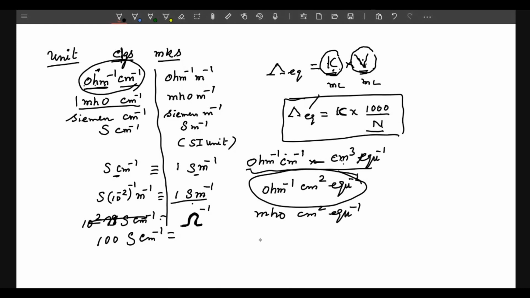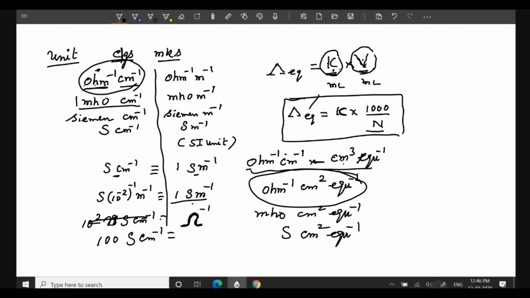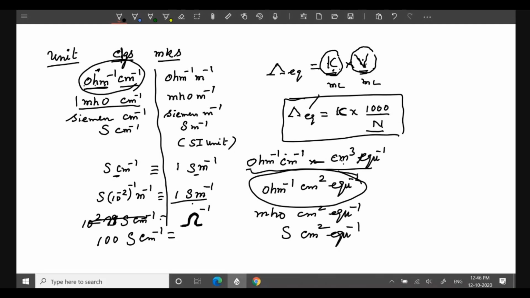Another possible unit is Siemen centimeter square per equivalent. These are in the CGS system, and in the MKS system or SI units, here you have to convert this one. Here, in the case of meter cube, the relationship changes.